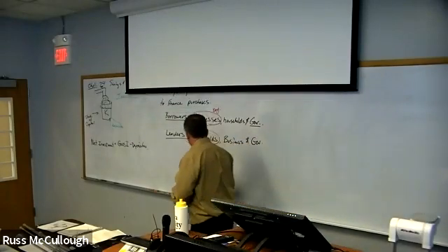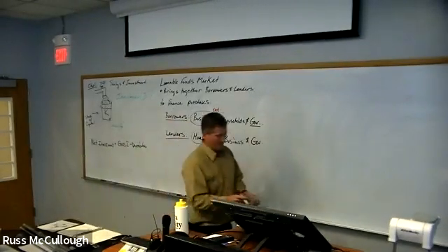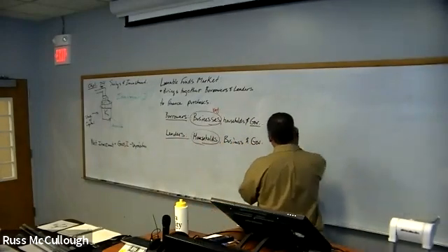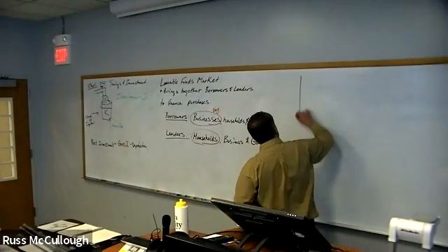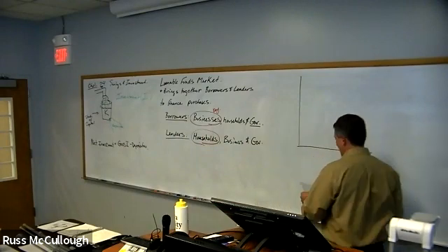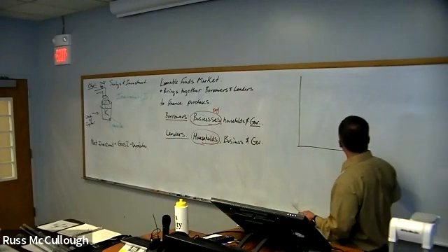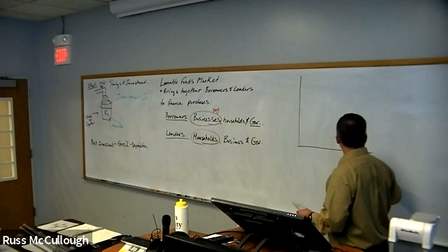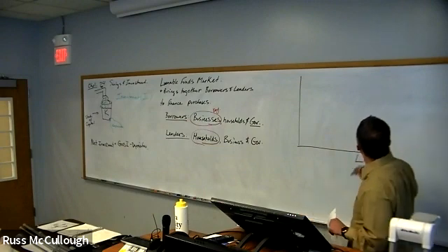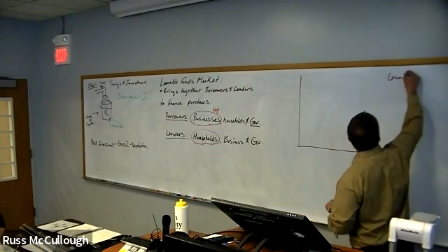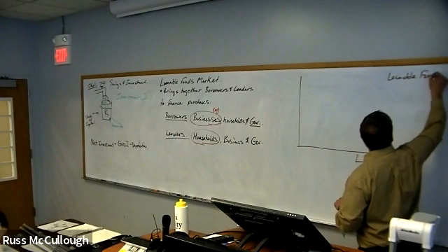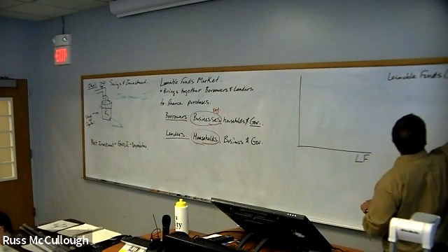All right, so let's set up our marketplace now. We're ready to get into the heavy-duty, heavy lifting here. So now our supply and demand is going to be based off loanable funds, LF.